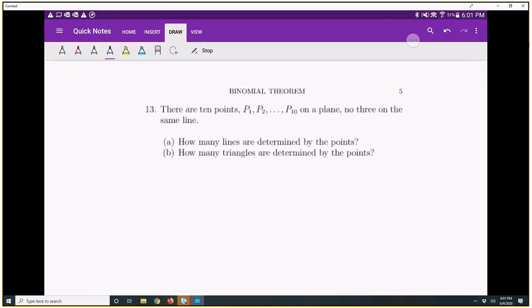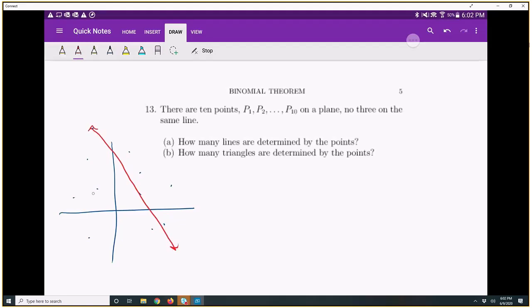Next question is, there are 10 points, P1, P2, up to P10 on a plane. No 3 are on the same line. So I have a plane, and there are 10 points where no 3 of them lie on the same line. I might have drawn more than 10 dots, but that's fine. And then the question is, how many lines are determined by the points? So how many ways can I connect 2 dots?